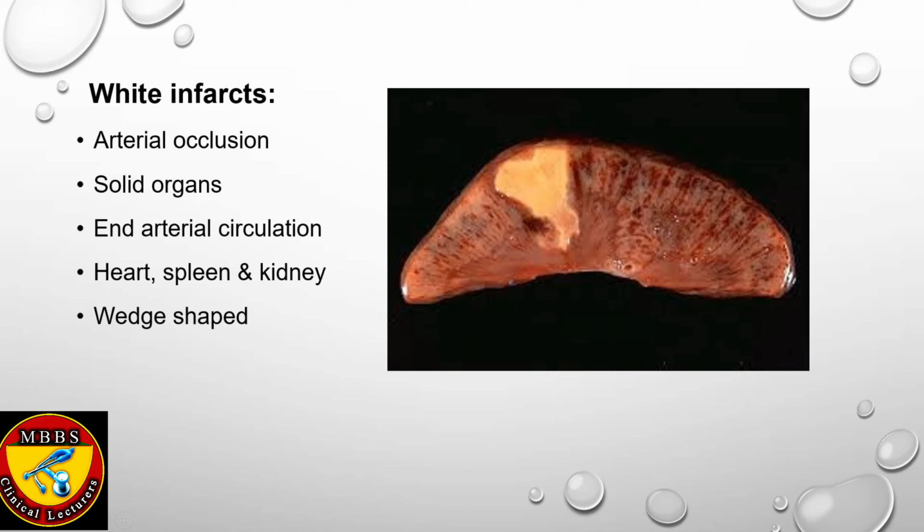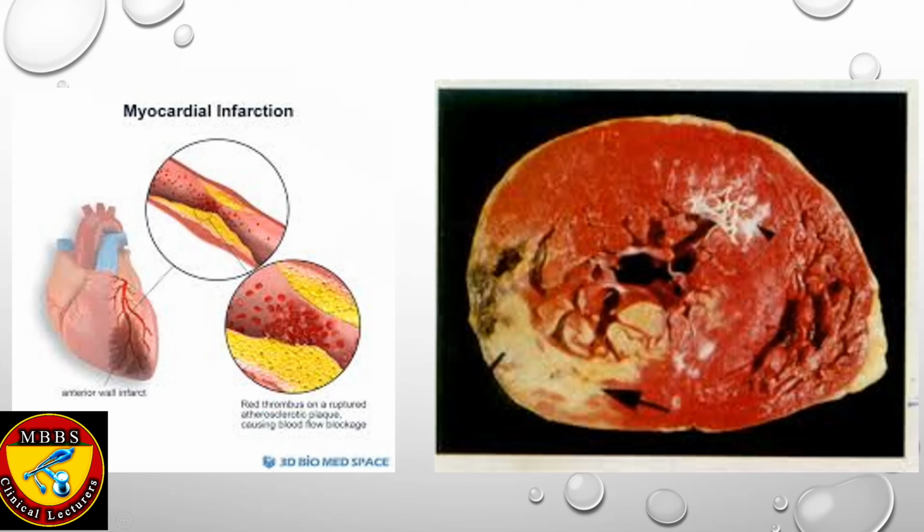So this is the section of the kidney, and here you can see this is the wedge shaped infarct, and the apex denotes the occluded blood vessel. There could be the blood vessel over here, and this apex of the wedge is showing the occluded blood vessel, and the base of the infarct is formed by the serosal surface. And this is another example of myocardial infarction. This is cut surface of the heart.